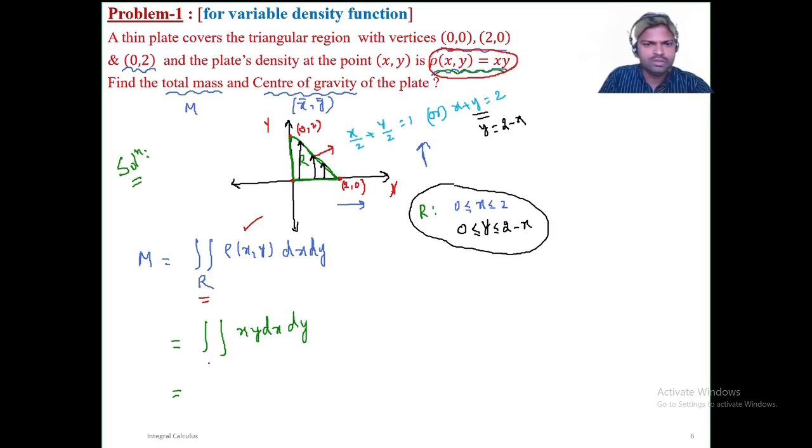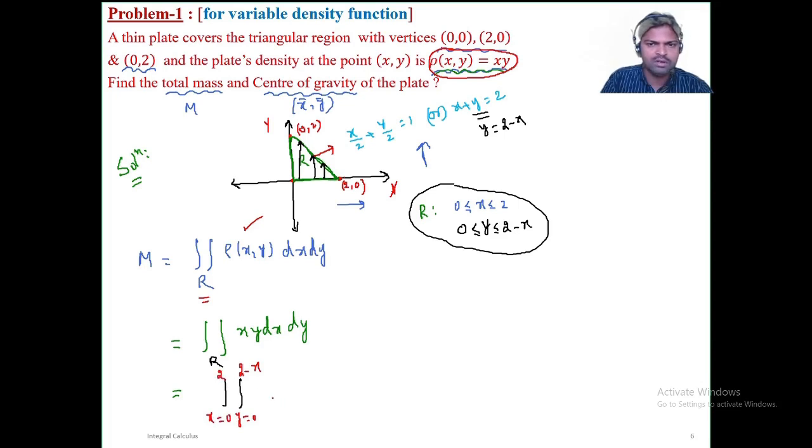So over the region R, let me write the R limits. This will be exactly equal to a double integration. Since y is dependent, first with respect to y, y is running from 0 to 2 minus x, and x is independent, therefore with respect to x second, 0 to 2.